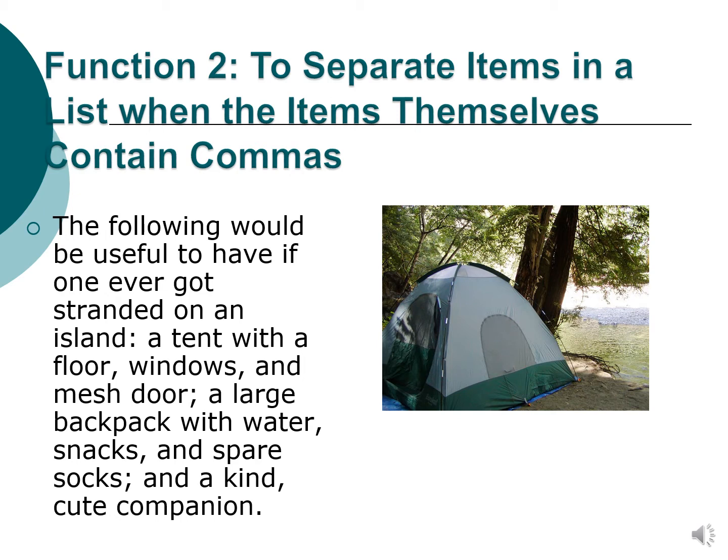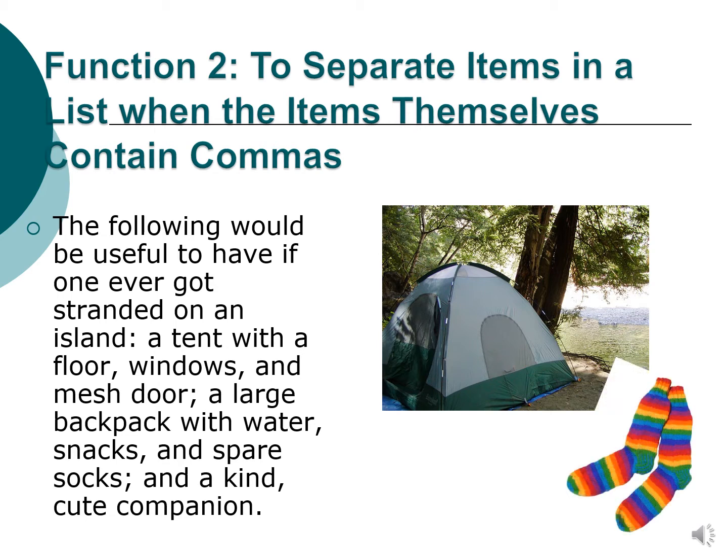So how confusing would it be if I just continue to put commas between the items in the list? Then I go to my next item, a large backpack with water, snacks, and spare socks. That's a second item. I use the semicolon to separate that. And then I get my third item, and a kind, cute companion.